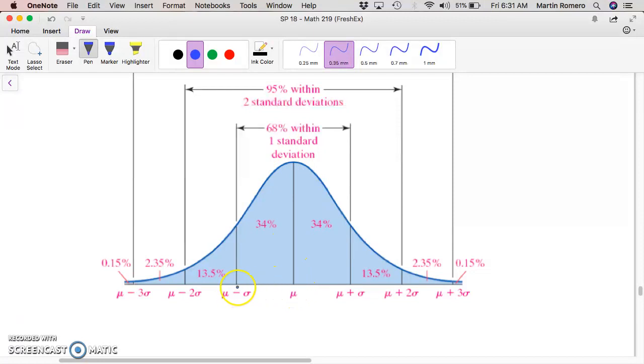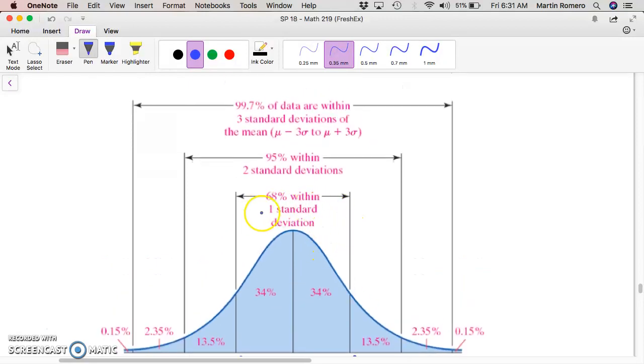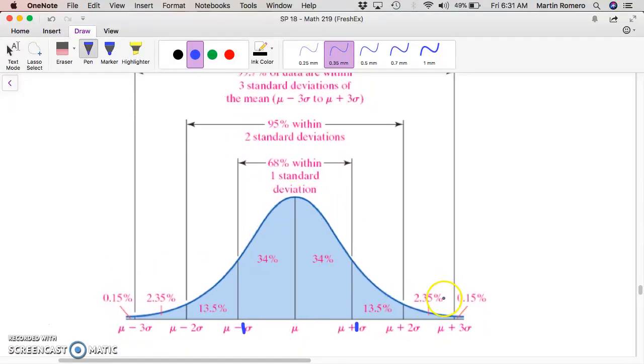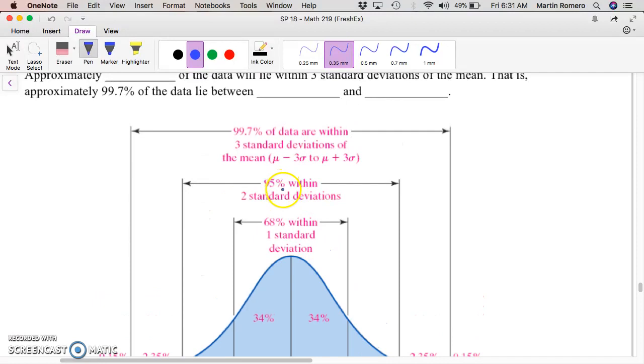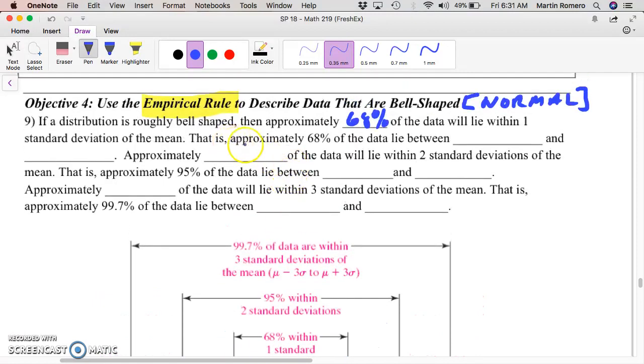Approximately 68% are within one standard deviation. You're going to want to memorize this for now, be able to draw it. You should practice that.